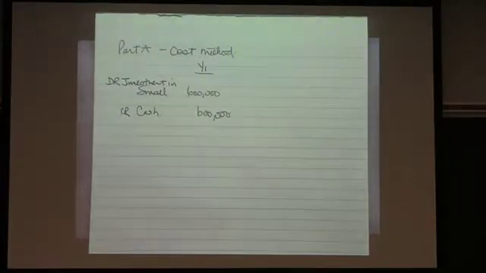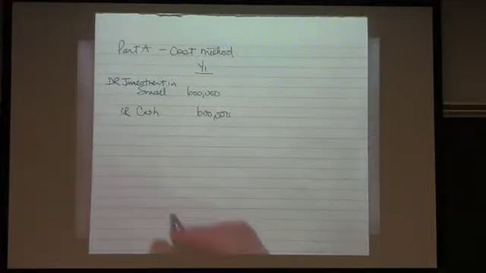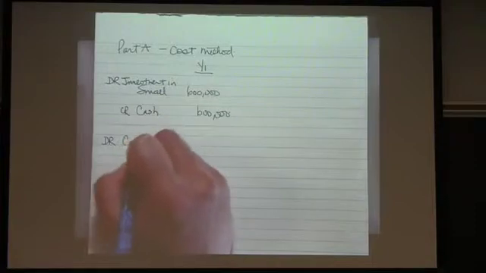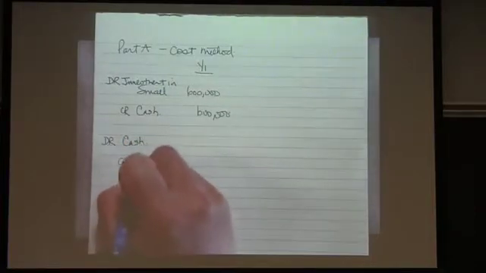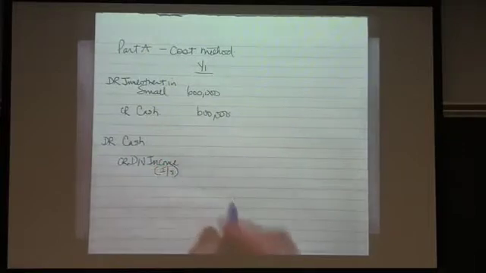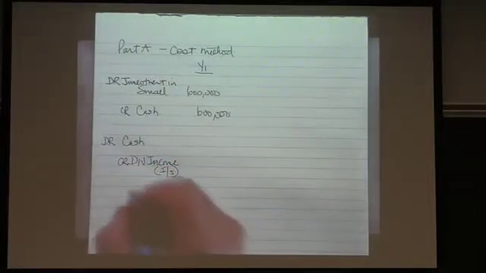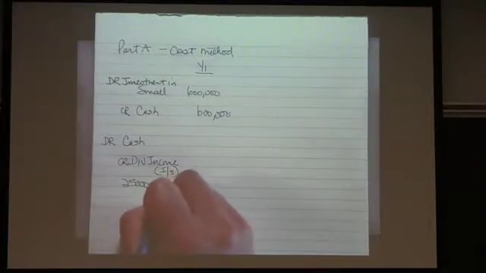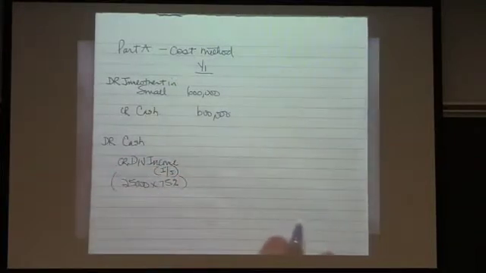Now, Small reported dividends of 25,000 in the first year. So we're going to debit cash, credit dividend income. That's part of the income statement. And that would be 25,000 times 75% because we own 75%.